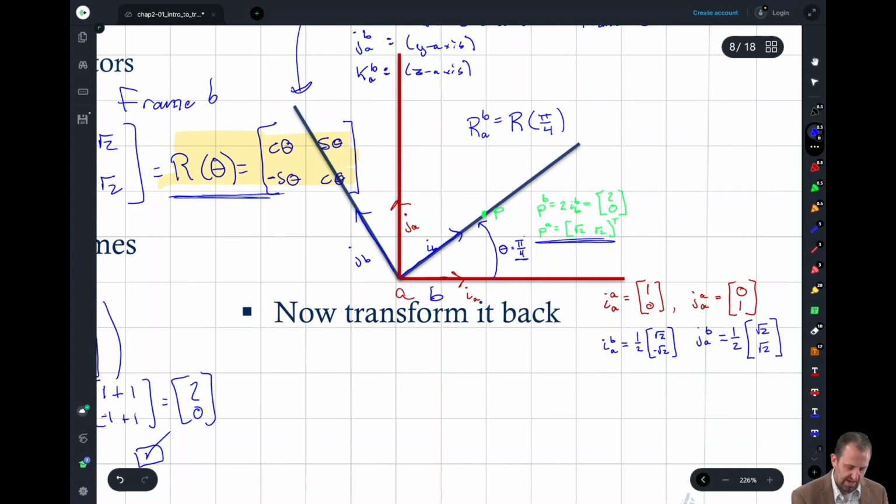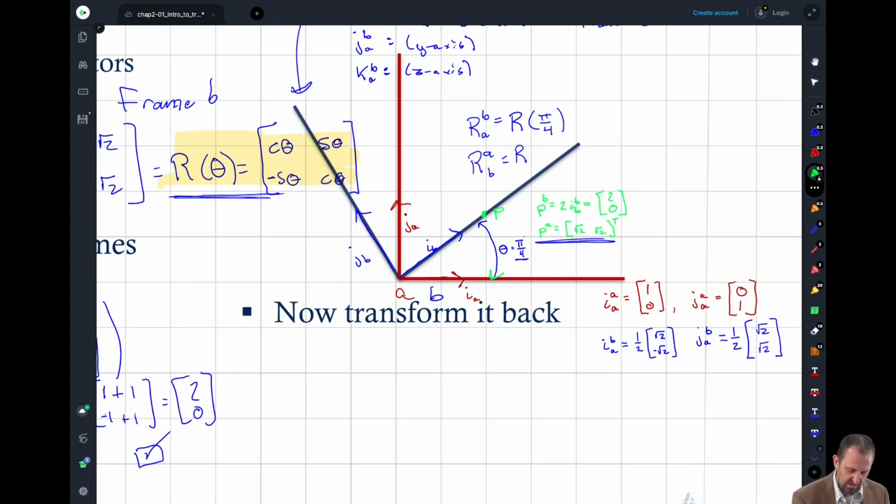Well, to get it back, we're going to say that R B to A is equal to the rotation matrix, and we'd just do the negative angle there. So we'd be going that direction, negative pi fourths.